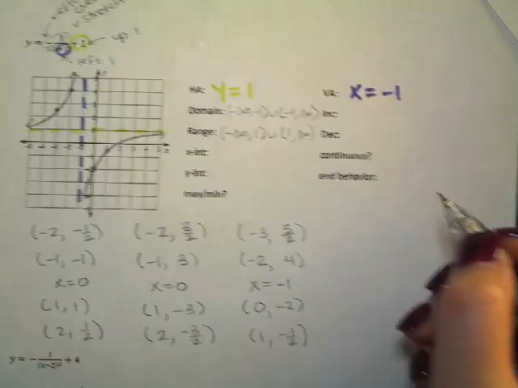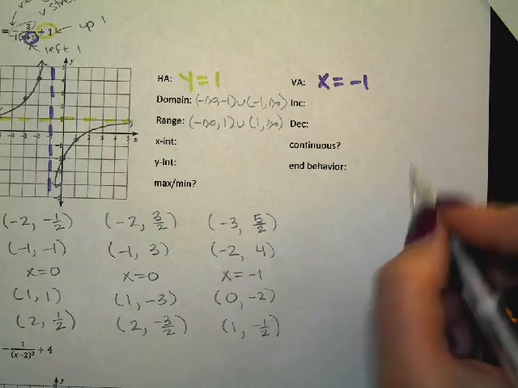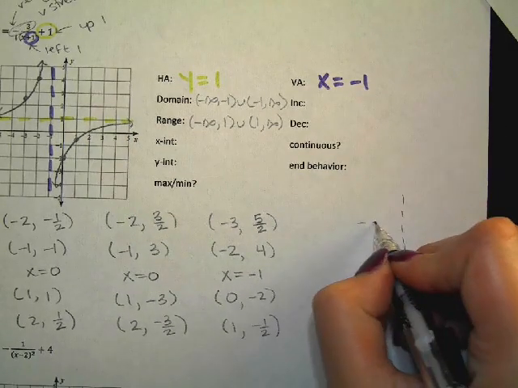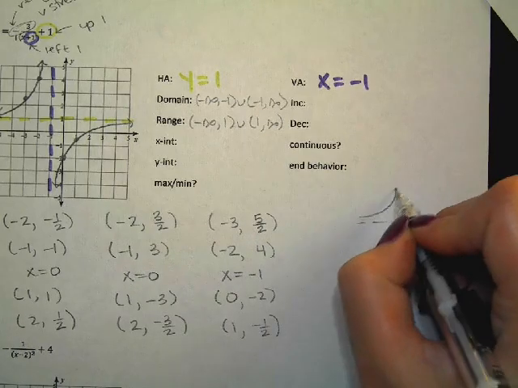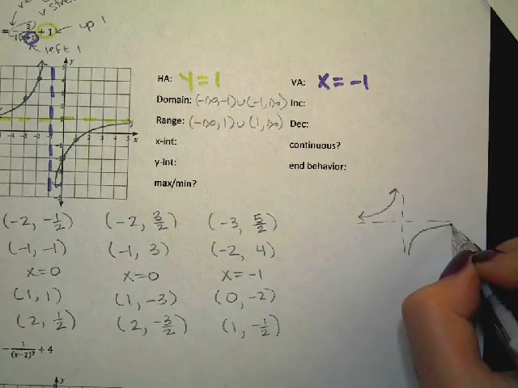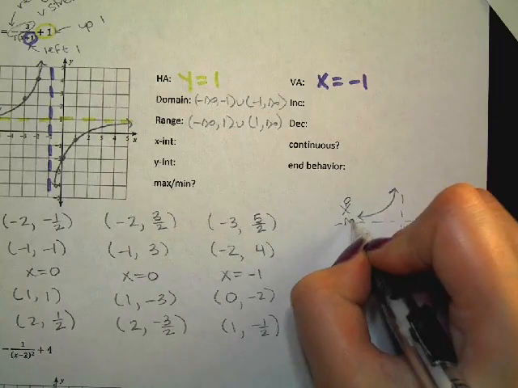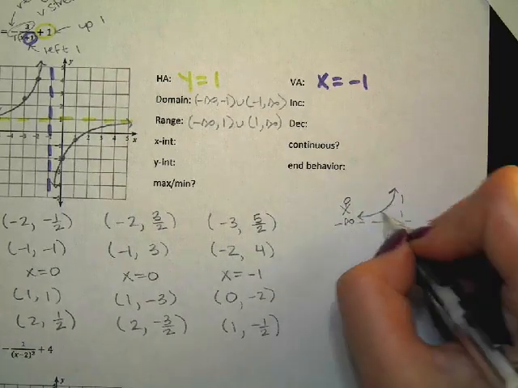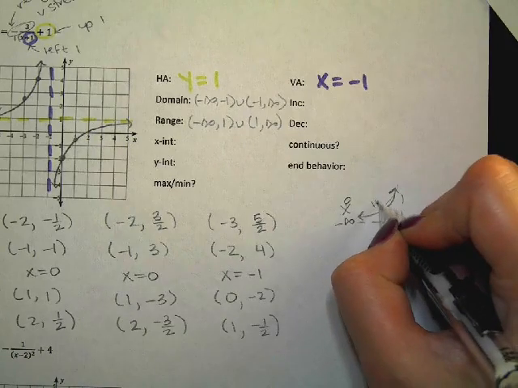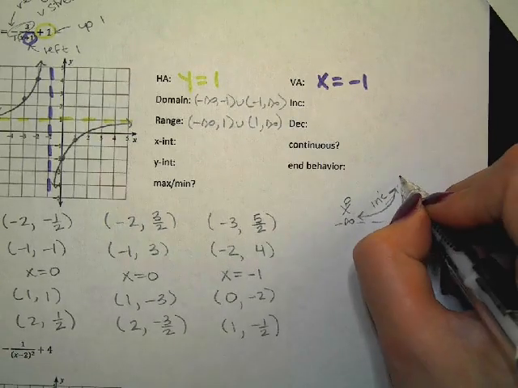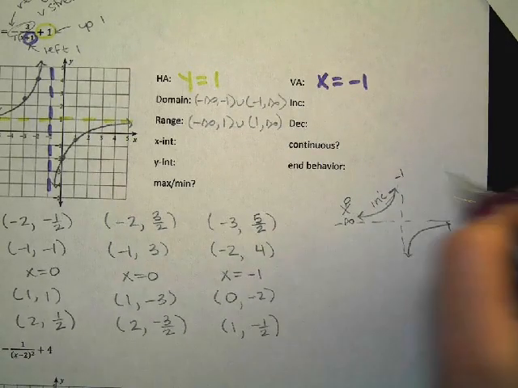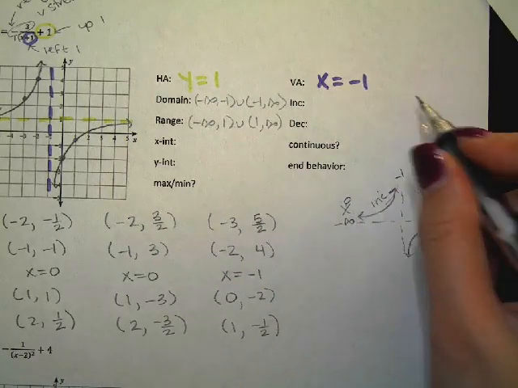If we think about increasing and decreasing, we have a stick figure right here who has started at negative infinity and is walking uphill, so that's increasing. And then this is an x value of negative 1, and then he gets sucked up into a UFO.